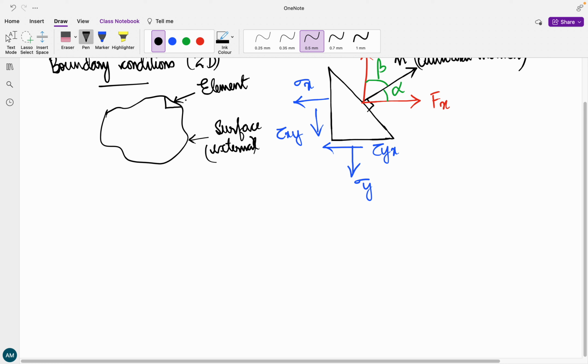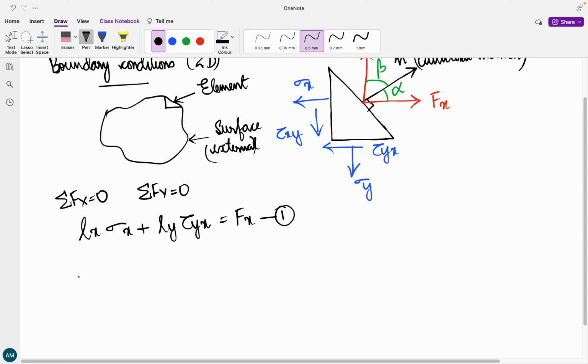Alright, if I consider the equations of equilibrium in x and y direction, that is summation Fx is equal to 0 and summation Fy is equal to 0, then I can write: Lx into sigma x plus Ly into tau yx is equal to Fx. This is the first equation, and then Lx tau xy plus Ly sigma y is equal to Fy.